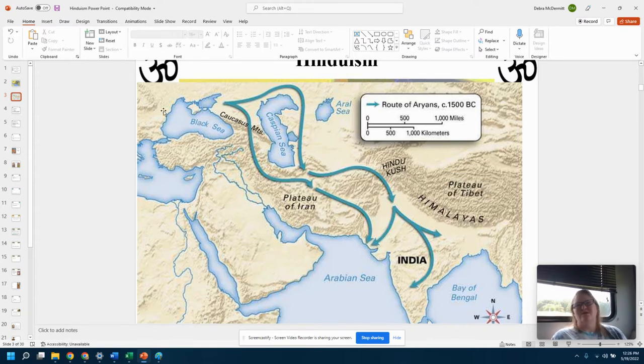Most estimates are somewhere around Central Europe. We do know that they are coming from the Caucasus Mountains, and that's a main region from which they're coming from, through and across on both sides of the Caspian Sea.